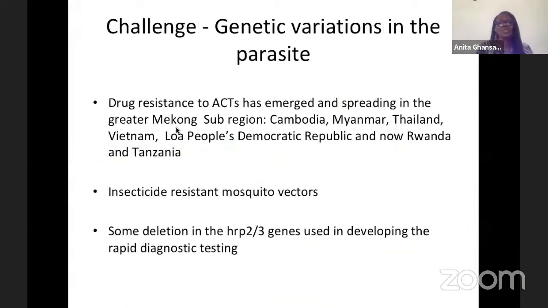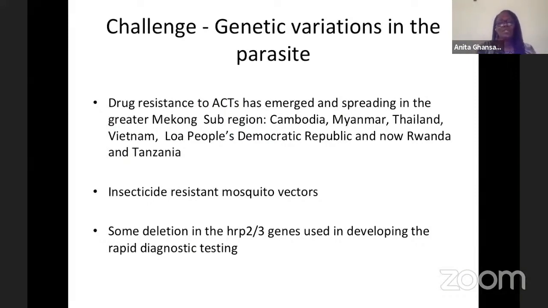And as a result, we have resistance to the artemisinin combination therapy. It has emerged and is spreading in the Greater Mekong sub-region around Cambodia, Myanmar, Thailand, Vietnam, Laos, and now in Africa, we have Rwanda and Tanzania experiencing artemisinin resistance on a very small scale. So it is spreading. And then there is insecticide-resistant mosquito vectors, also a major problem.